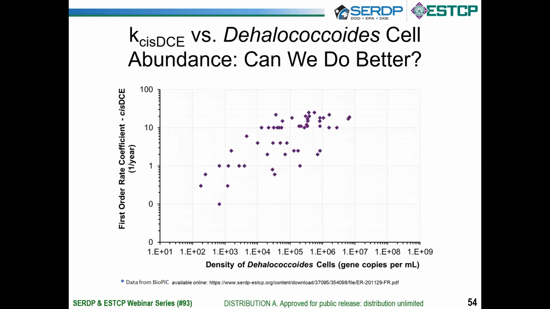On slide 54, this idea is really exemplified. So this is an outcome of the BioPIC project, which was an ESTCP project of the year in 2015, I believe. And so that project went out to sites, chlorinated solvent sites all across the nation, quantified the reductive dechlorination rates and the Dehalococcoides or DHC cell abundances.